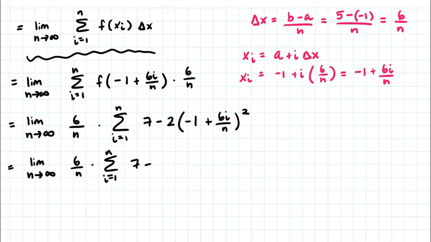So I'm going to square this expression. If I square -1 plus 6i over n, that is going to give me 1 plus, oh actually that will be minus 12i over n plus 36i squared over n squared.